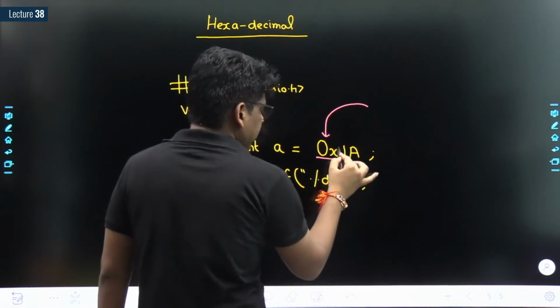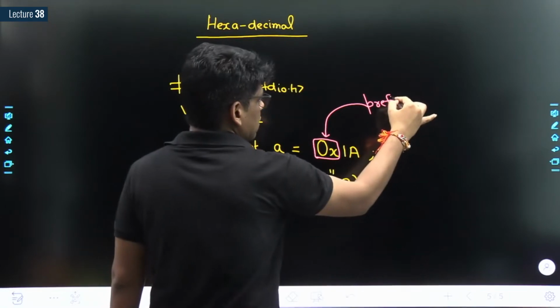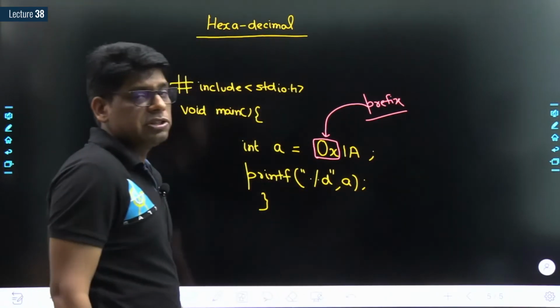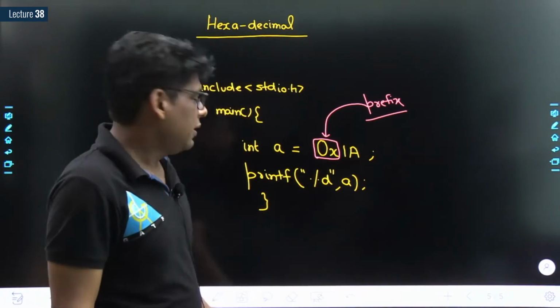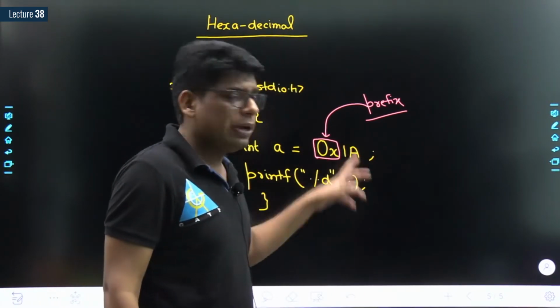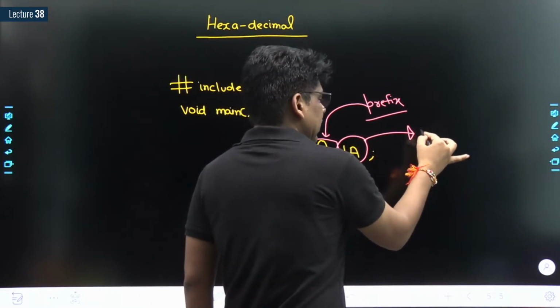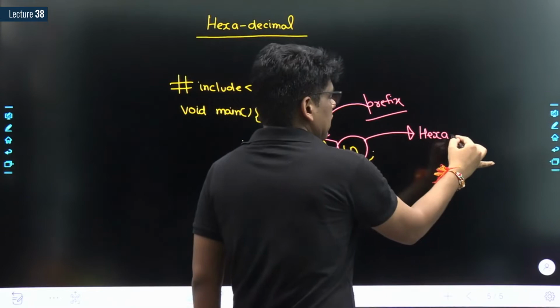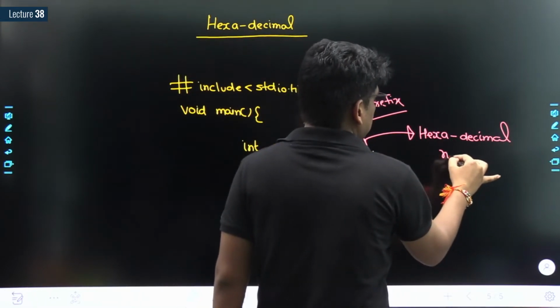Sir, when we prefix any integral constant with 0x, that means we are telling the compiler that whatever is written after the 0x is in which number system? This is in the hexadecimal number system.